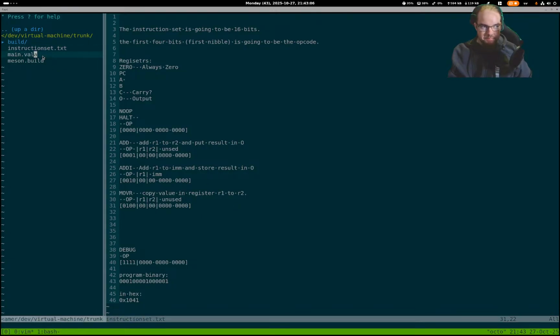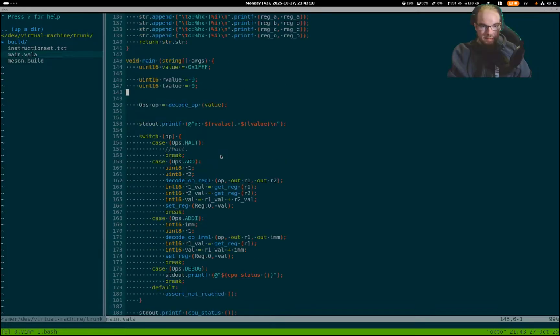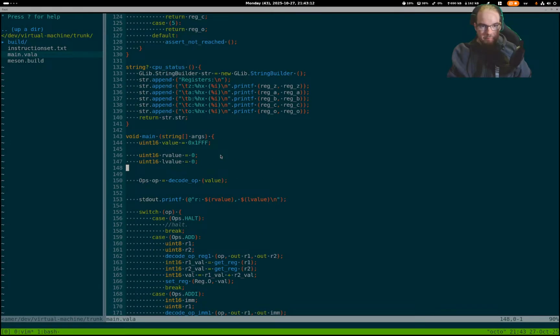So we need to have memory. There's also an interesting problem: how to deal with memory?